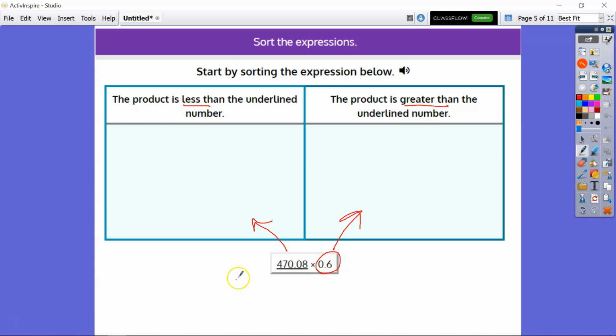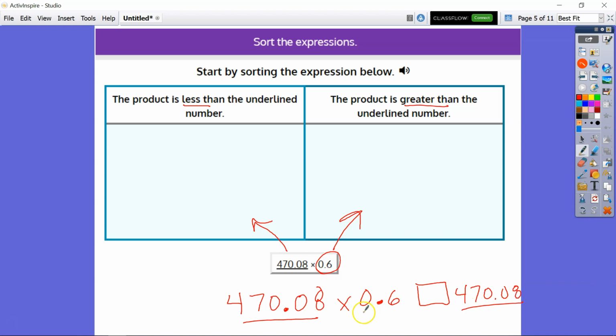So I'm saying is 470 and 8/100 times 6/10 greater than, less than, or equal to 470 and 8/100. So because I know I'm comparing this number to itself here, I know that this is my scaling factor. So my scaling factor, is it greater than or less than 1?